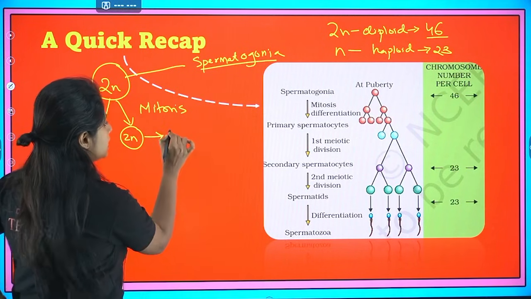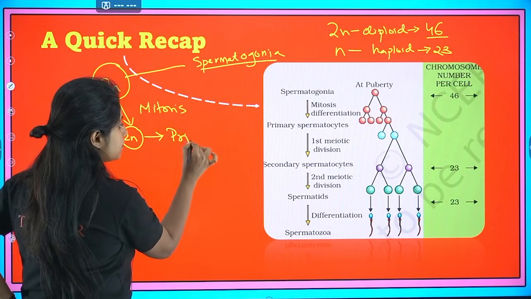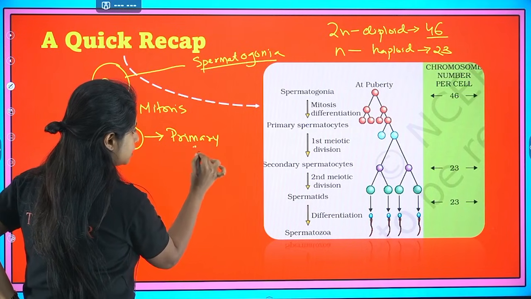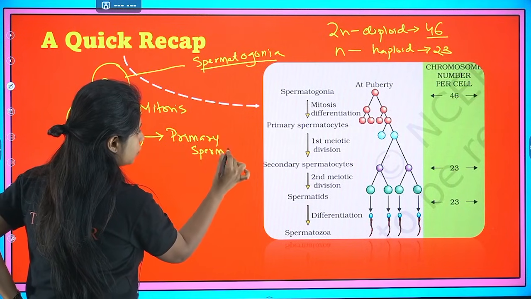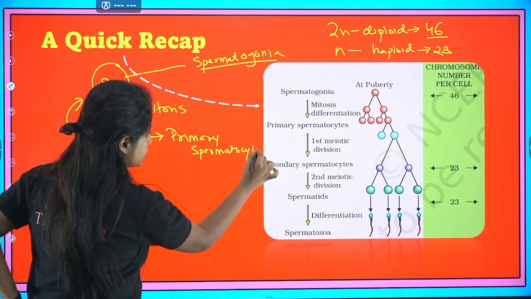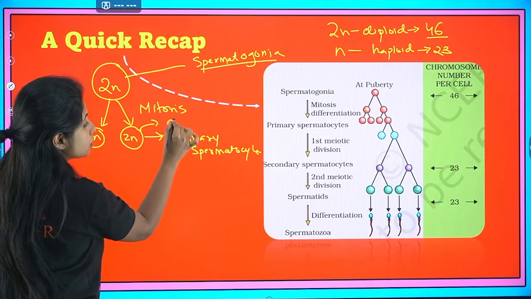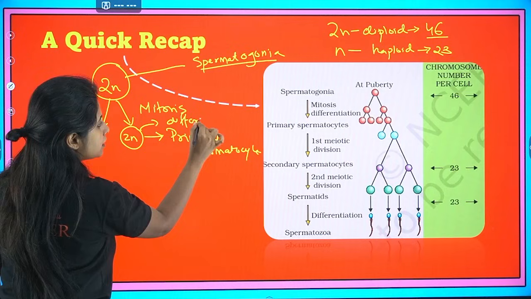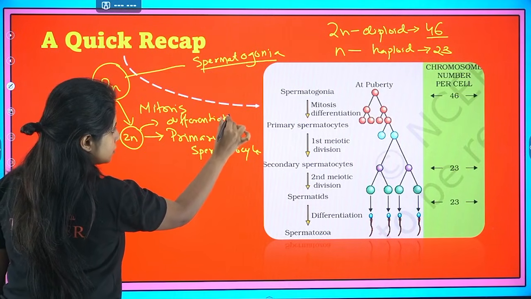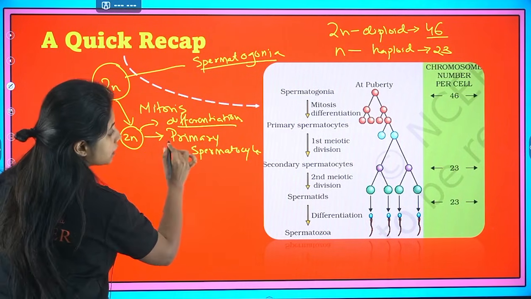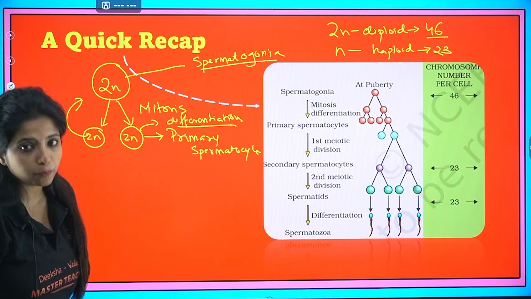So I'll say this cell is the primary spermatocyte. You need to understand that this cell, after undergoing mitosis, also underwent some differentiation, some maturation process, my dear children, such that it formed the primary spermatocyte, and it is diploid in nature.